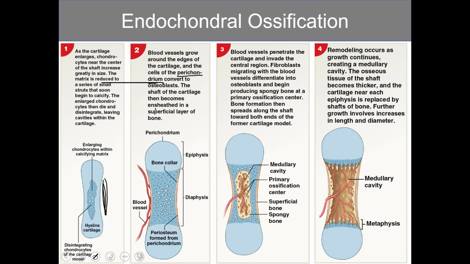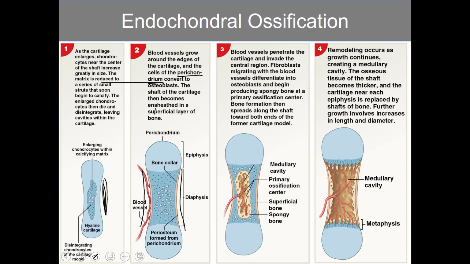So the diaphysis, you can see the bone right here, the layer of bone forming around the diaphysis as endochondral ossification begins.